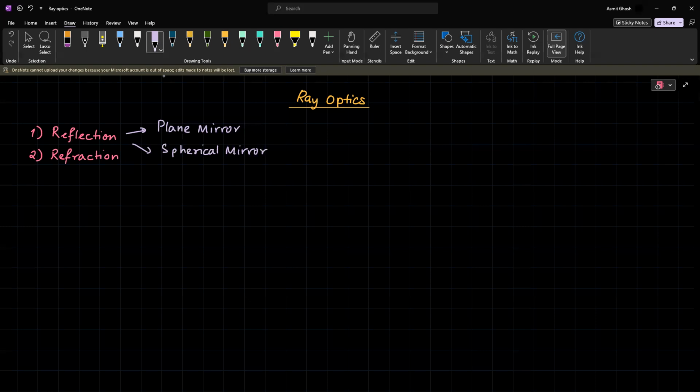In case of refraction, there are certain things. The first is Snell's law.